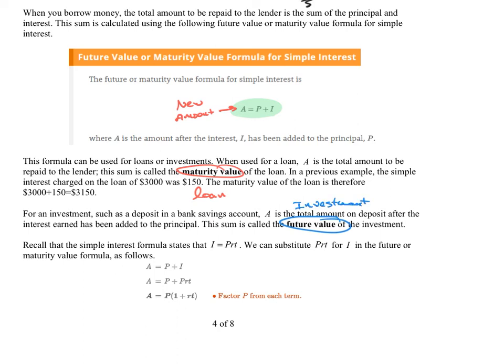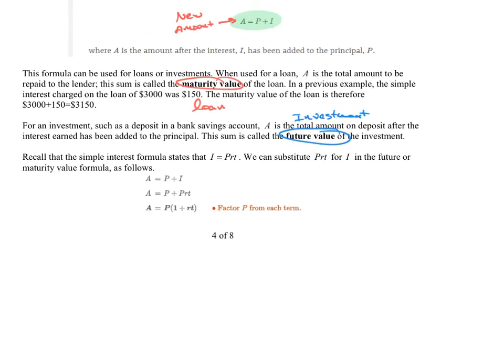Okay? So, what I want you to realize, though, is remember that I equals PRT. That's something we know. So if I look at this formula, A equals P plus I, but instead of I write PRT, what we end up with is A equals P plus PRT. I don't know if you remember how to factor, but if you factor the P out of both of these terms, in other words, divide both of these terms by P, P divided by P is 1, and PRT divided by P is just RT.